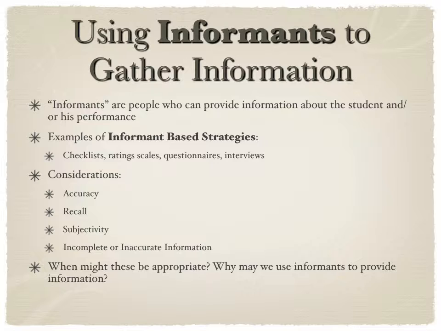Think through and maybe talk amongst yourselves about when it might be appropriate to use some of these strategies, what may be some benefits of getting information from informants, and when might that be most appropriate to utilize. But because of some of these considerations that are inherent in human error and human observation, informant strategies would not be considered adequate alone to make a high stakes decision.